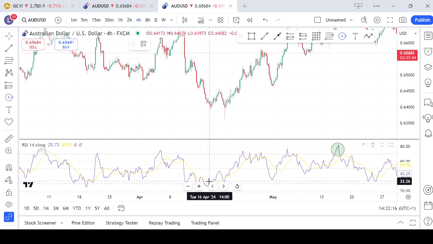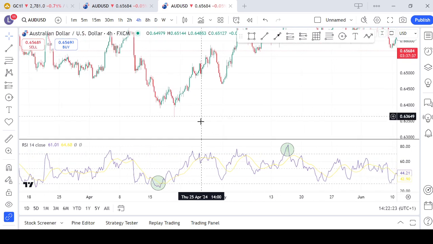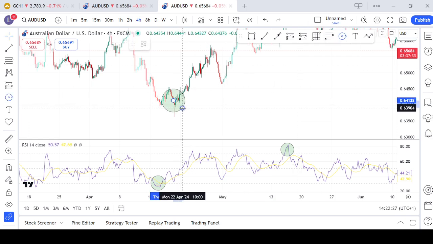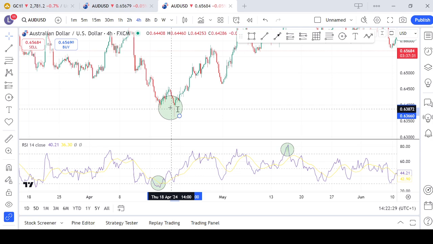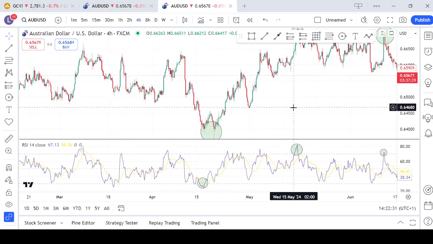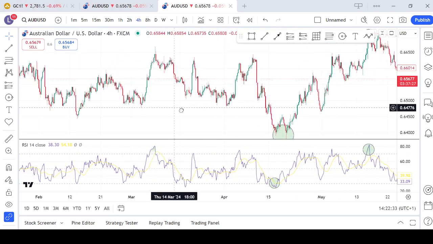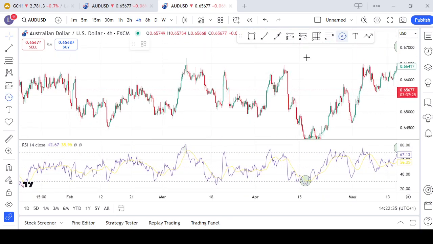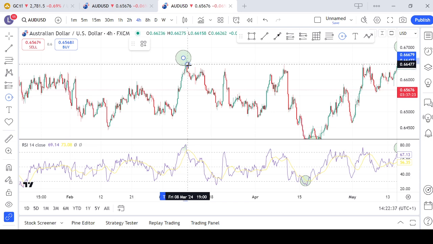You can see this one right here. See the RSI was oversold right there, and price was sold here. You can see this massive bullish movement to the upside. See that? See this price was overbought.